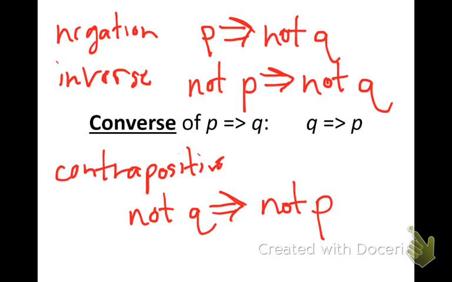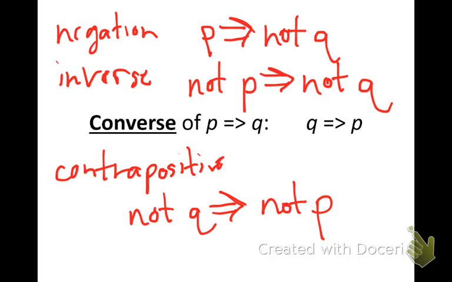All right, so you have in your notes there 4 related conditional statements. So we have the statement, soccer players are athletes. How could I make that an if-then statement? What would it read as?